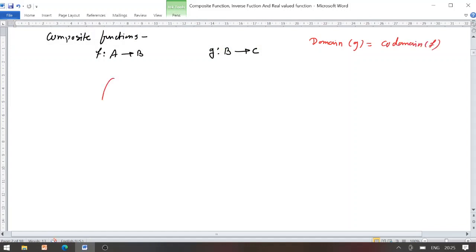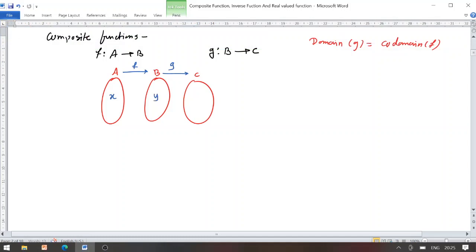So now we have three sets, that are A, B and C. We have the function f from A to B and g from B to C. I would like to consider any element from set A as x, any element from set B as y, and any element from the set C as z.